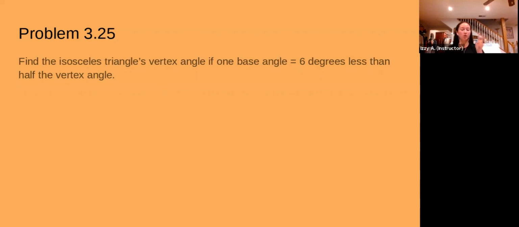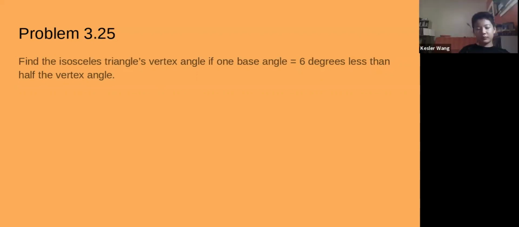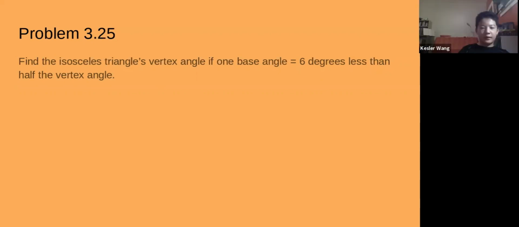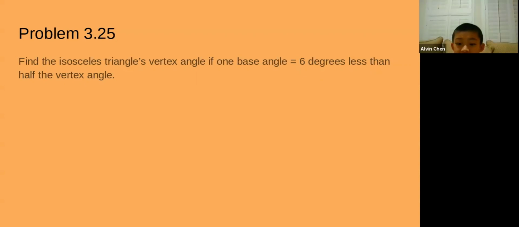There's a pair of congruent angles, then there's the one angle that's not congruent to those two. That's the vertex angle. So if one base angle equals 6 less than half the vertex angle, doesn't that mean the other base angle would be the same as the one base angle? 93.